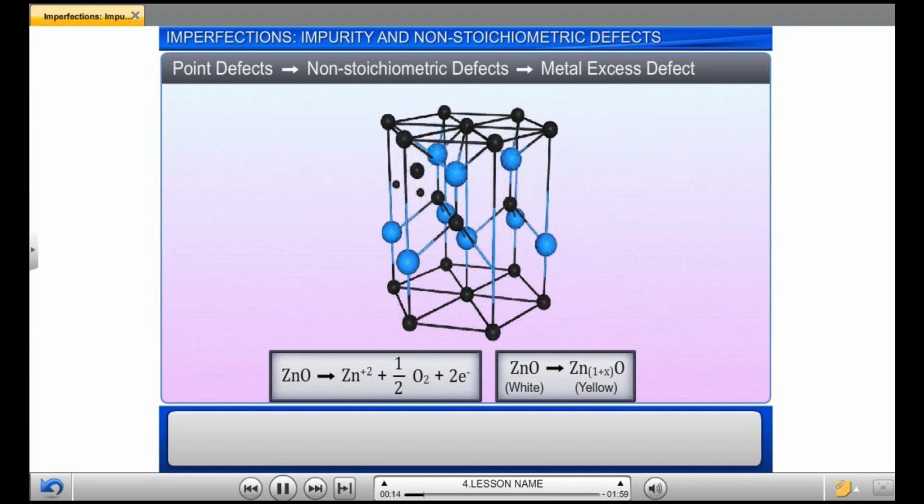Now there is an excess of zinc in the crystal and its formula changes from ZnO to Zn(1+x)O. The excess Zn2+ ions move to the interstitial sites and the electrons to the neighboring interstitial sites.